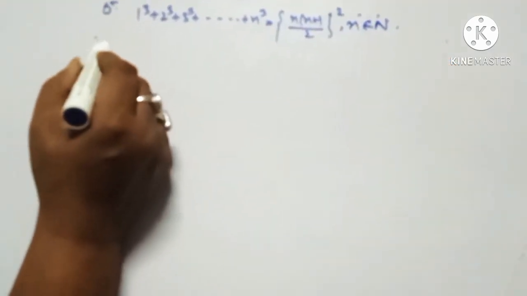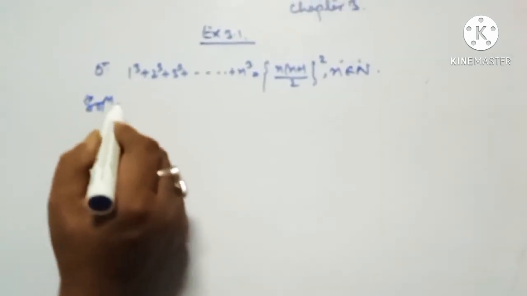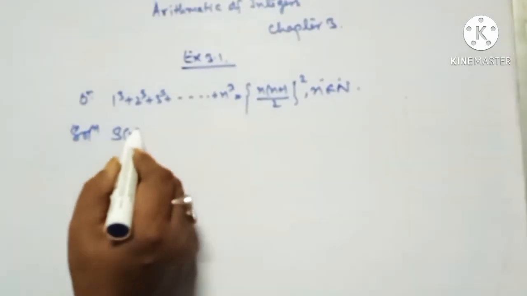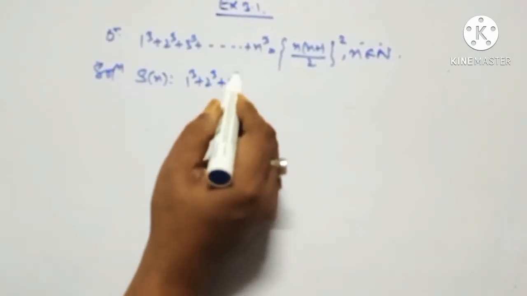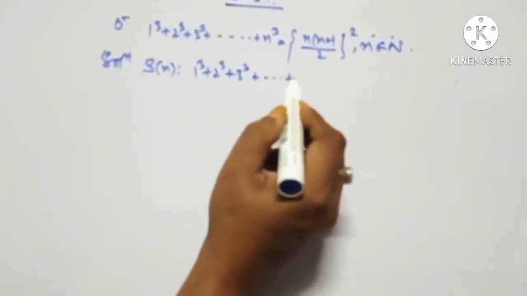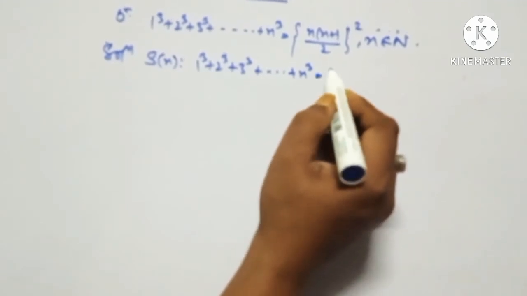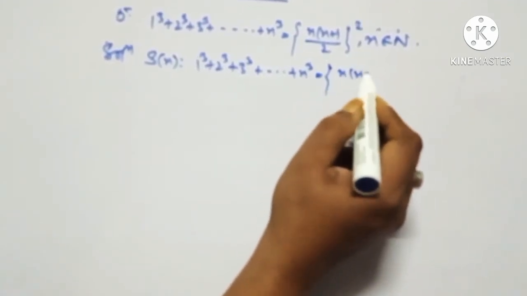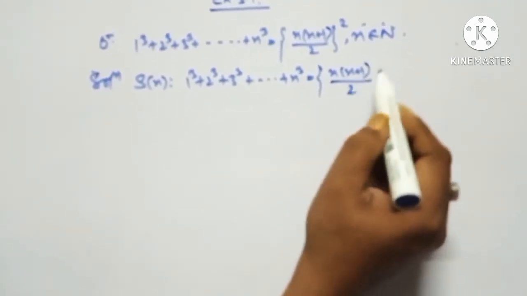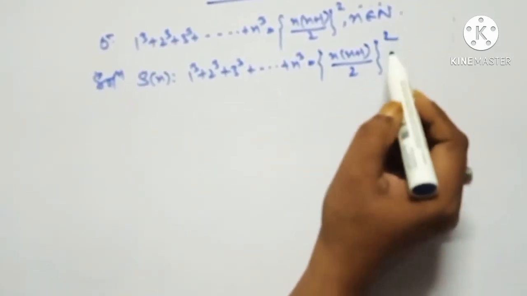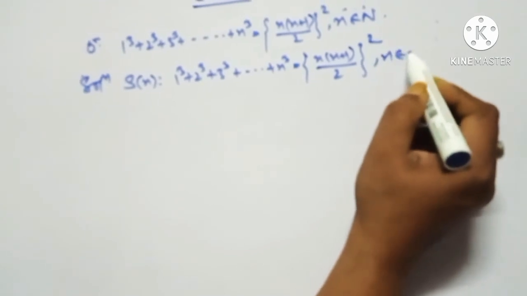So here again I am representing this statement as Sn: 1 cube plus 2 cube plus 3 cube plus dot dot dot plus n cube is equal to n into n plus 1 by 2 the whole square, where n belongs to natural number.